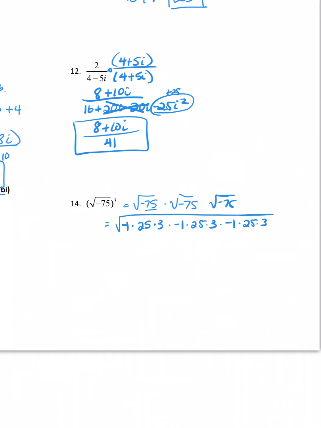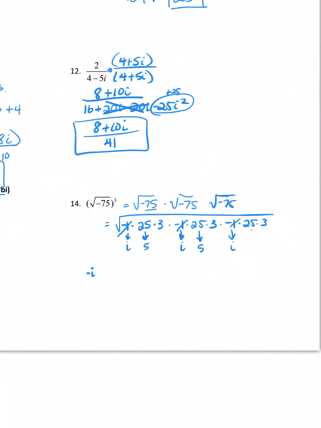Now, what does that mean I need to do? Well, when I take these out, remember square roots, perfect square of that is i, perfect square of that is i, perfect square of that is i. So i times i is negative 1 times another i is negative i. So I could take a negative i out. That takes care of that part. What's the perfect square of 25? Well, it's 5.